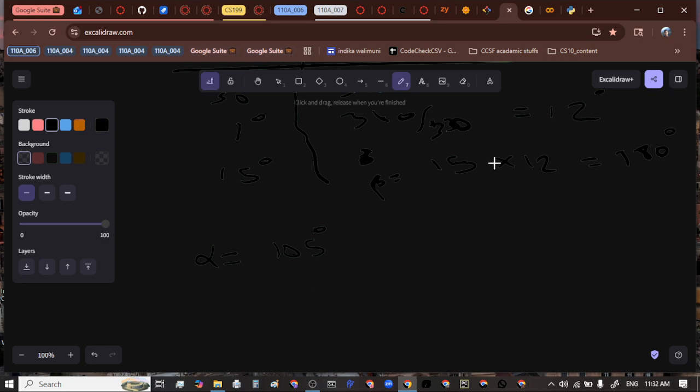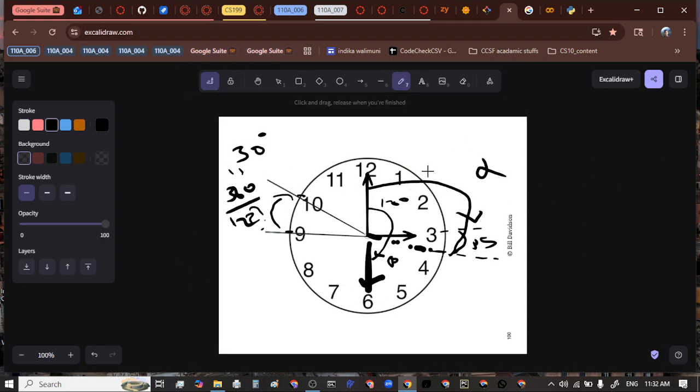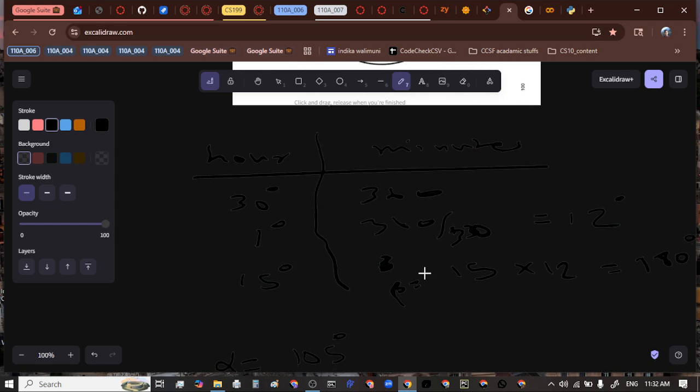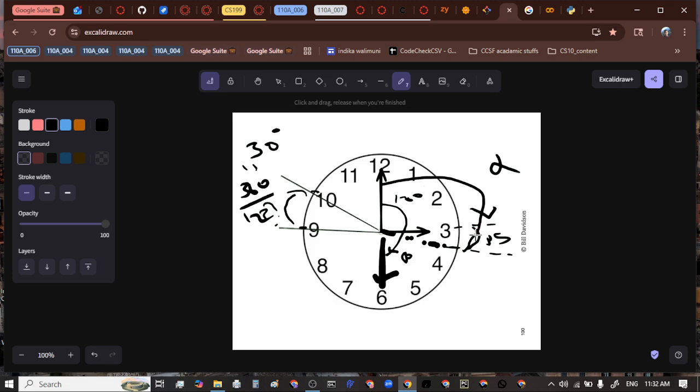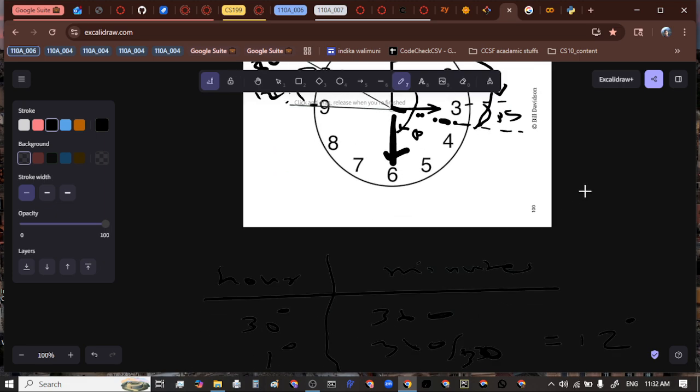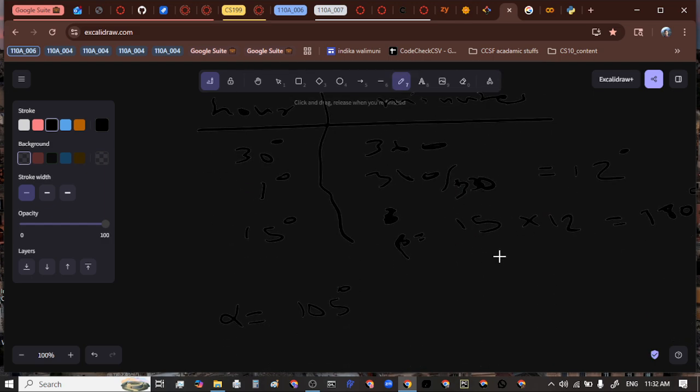This whole angle alpha is 105, but we get the correct answer if we can find this small angle, 15, and multiply it by 12.